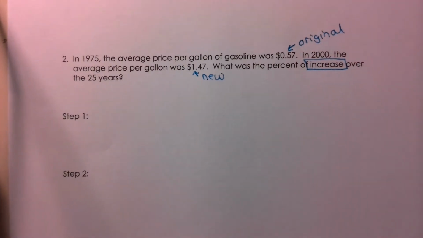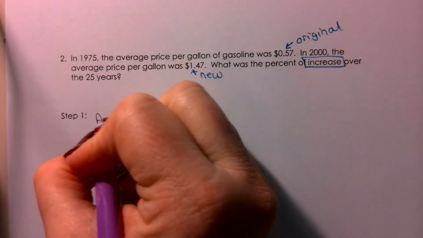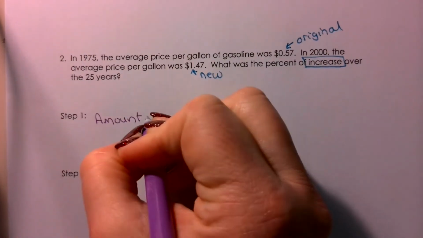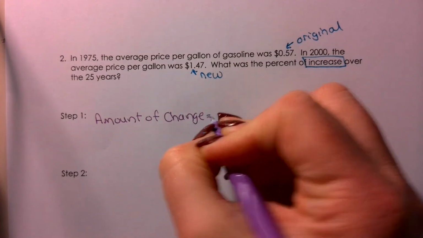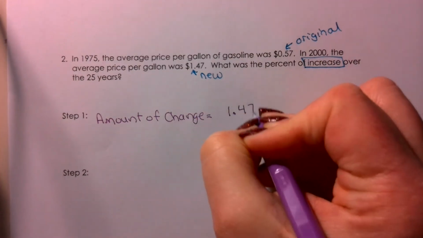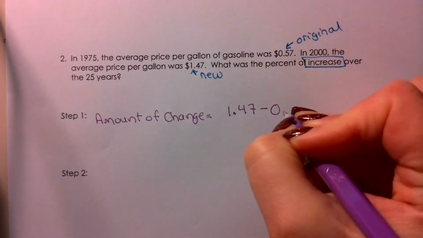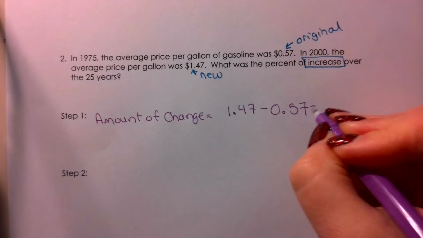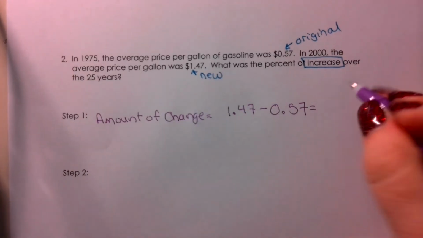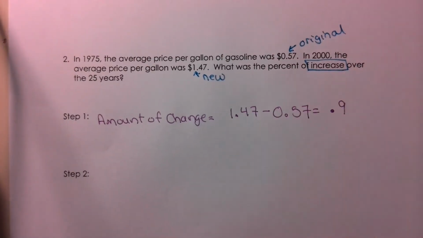So remember, step 1, I'm going to find that amount of change. And I will do that by taking my new amount, $1.47, and subtracting the original amount of 57 cents. And when I put that in my calculator, I get 0.9.